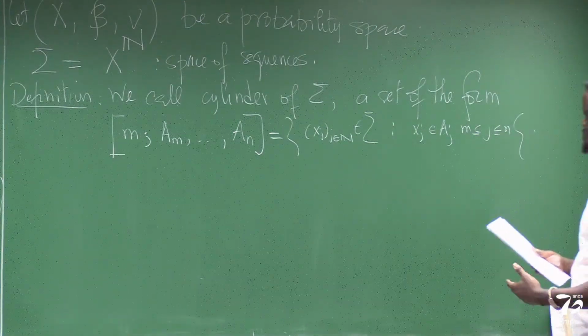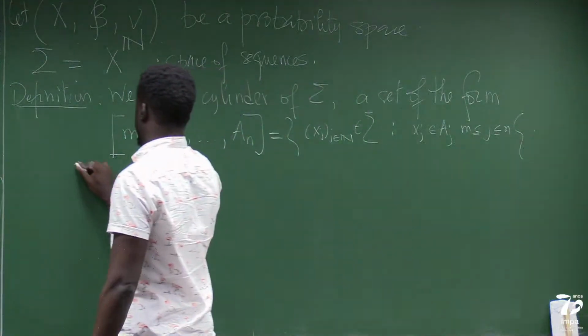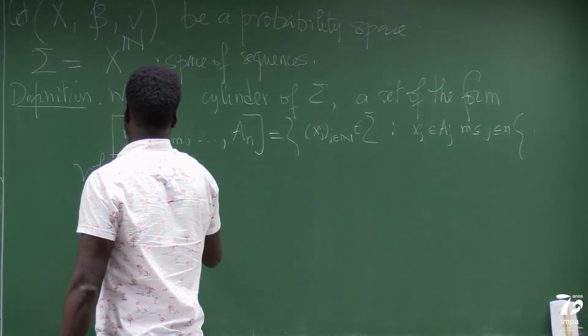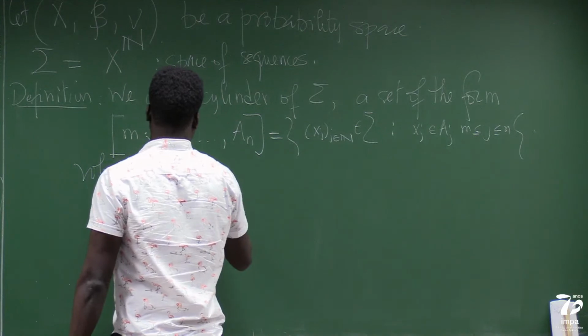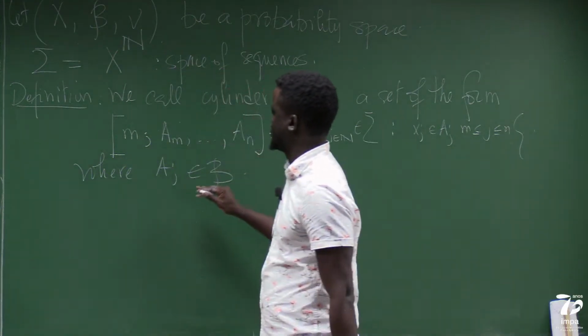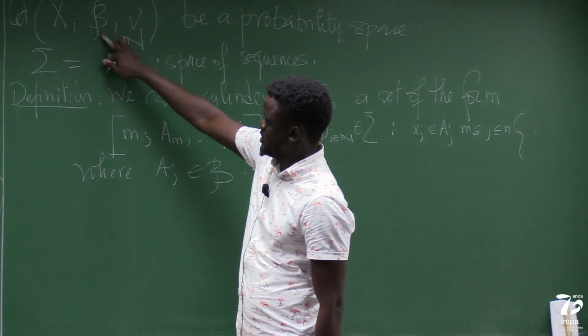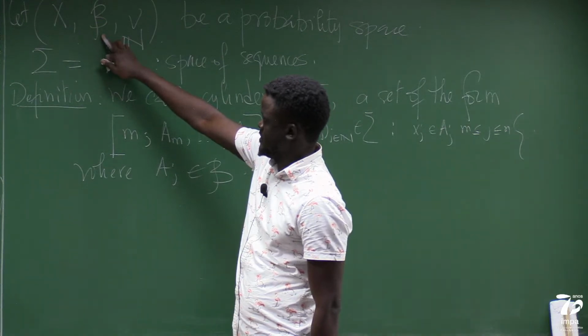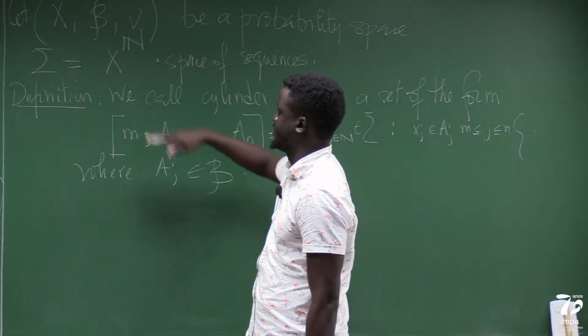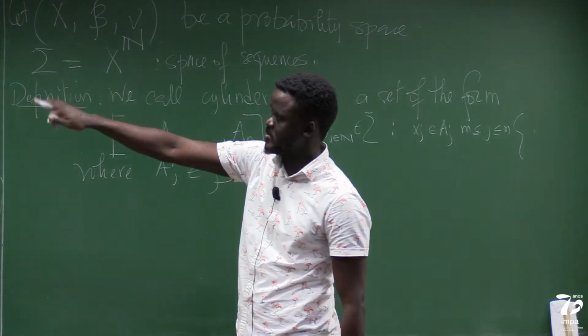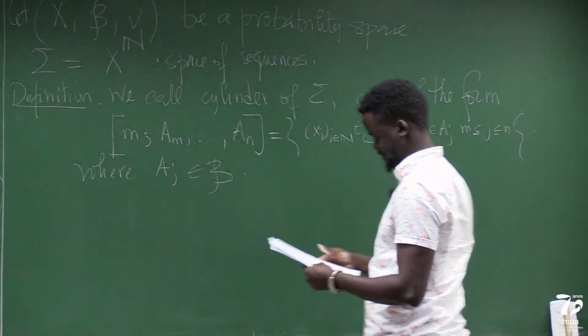Okay, this is called a cylinder, where the a_j are in B, so there is a measurable set with respect to B. In that example, B is a discrete topology, okay?